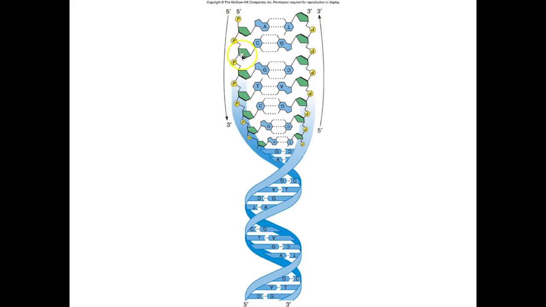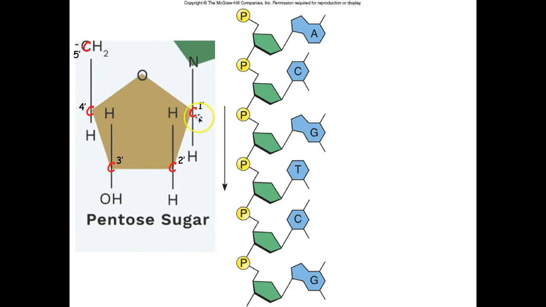The way we get those names, the way we get that directionality, is based on the position of this pentose sugar. If you remember, I told you that those carbons are named. So let's zoom in and look at this. Remember that we start with the oxygen and we number our carbons 1, 2, 3, 4, 5, and they're all prime.